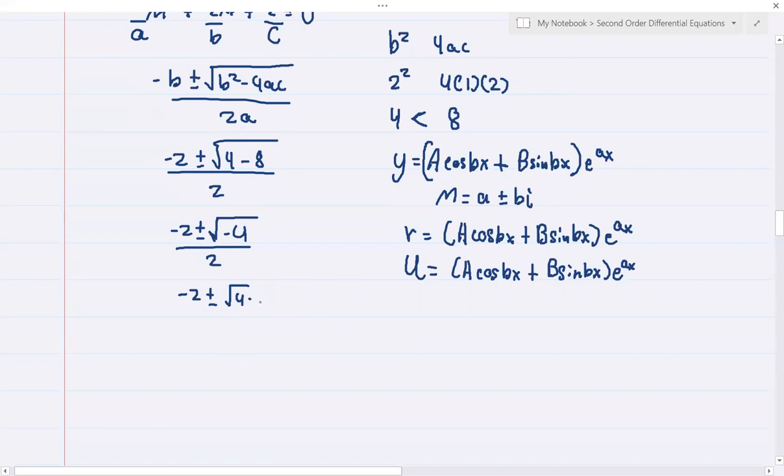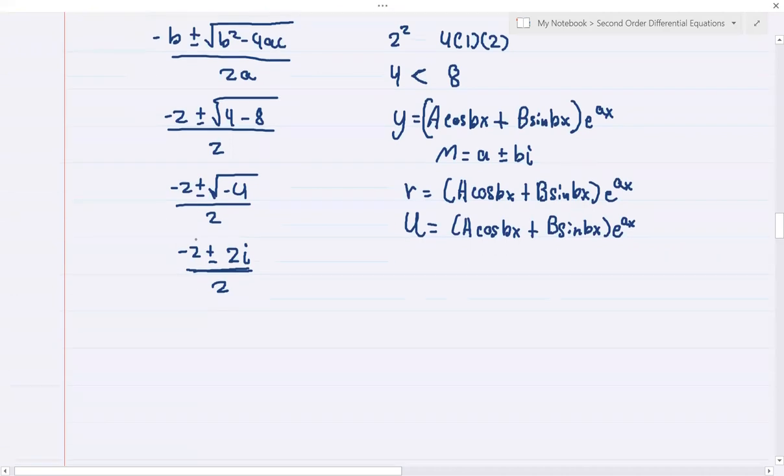Therefore, I will have the square root of 4 times your i, and remember that the square root of 4 is equal to 2. Therefore, I will have 2 times your i all over 2. That's how you get it. So now, since negative 2 and 2i are divisible by 2, we can divide them by 2. So we will have negative 1 plus or minus your i. And that will be your m value.